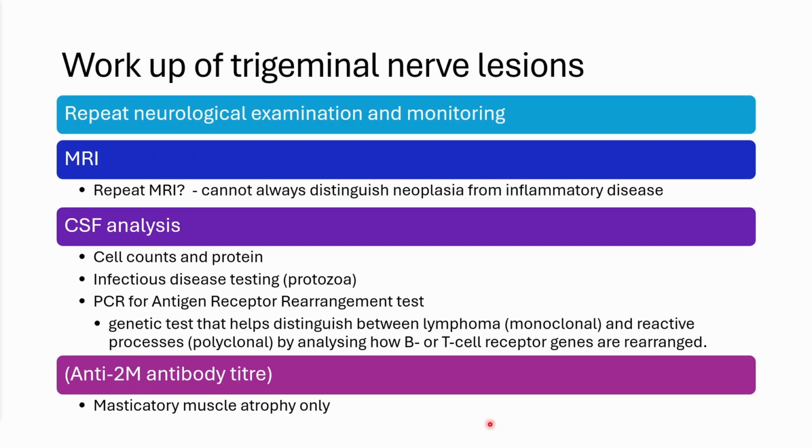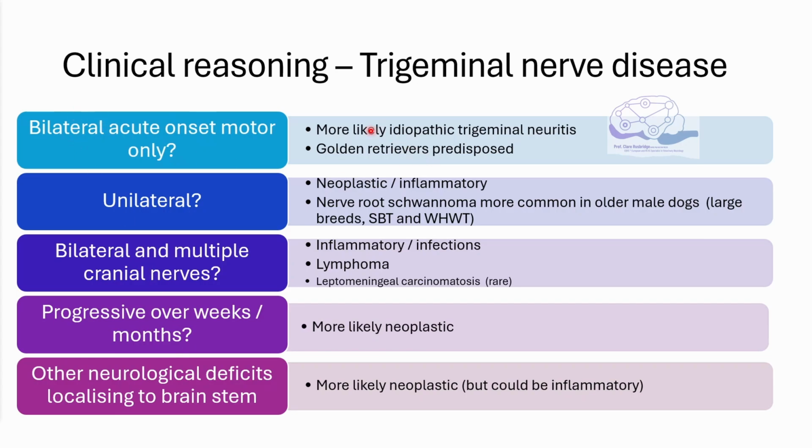So workup. Not every animal can have all of these expensive tests. So repeat neurological examination and monitoring. Certainly with idiopathic trigeminal neuritis, if the animal is acute onset, there is a spontaneous improvement with that disease, usually over a few weeks. Usually there will be some sort of improvement in 2 weeks.